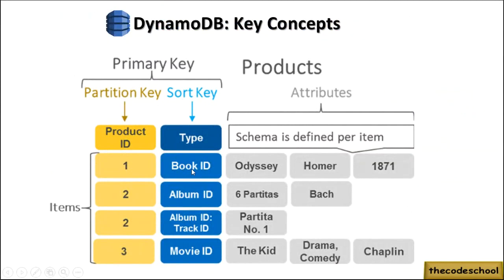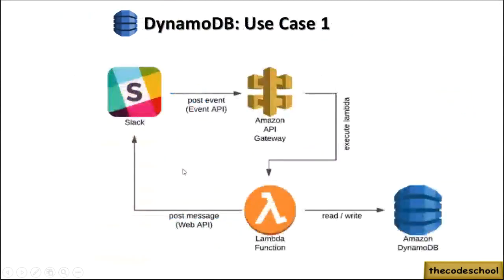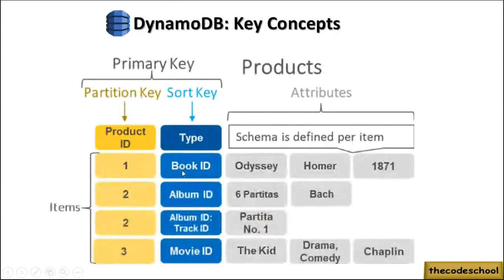So all the different products which have the type as book ID can be taken as one single unique data. So it can fetch it as a single item. This is how effectively the sort key can work.